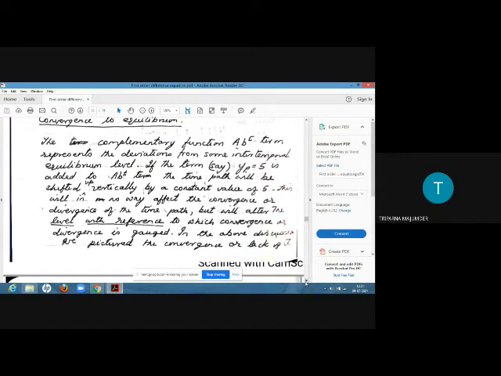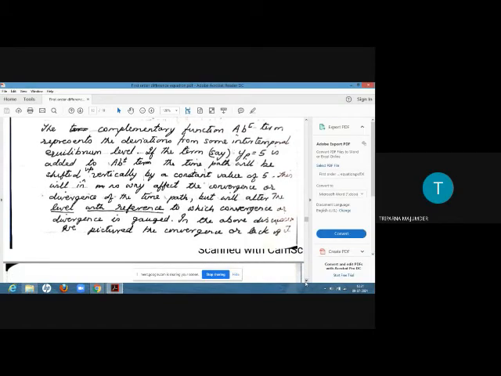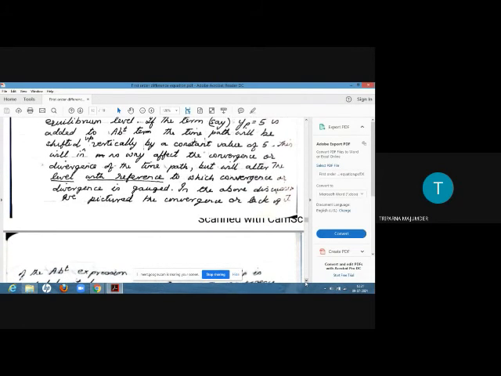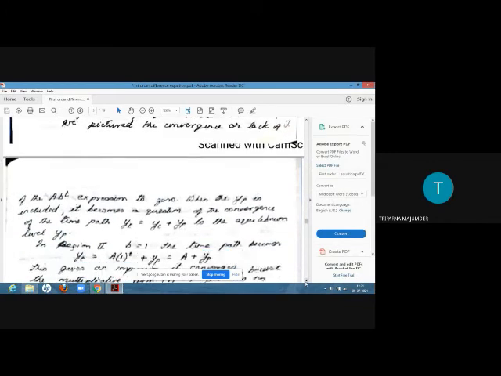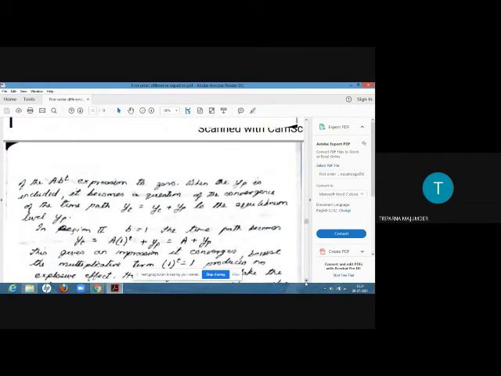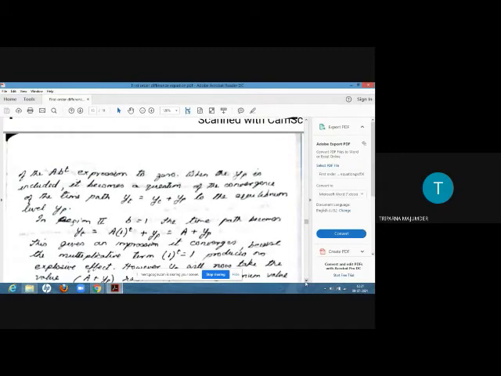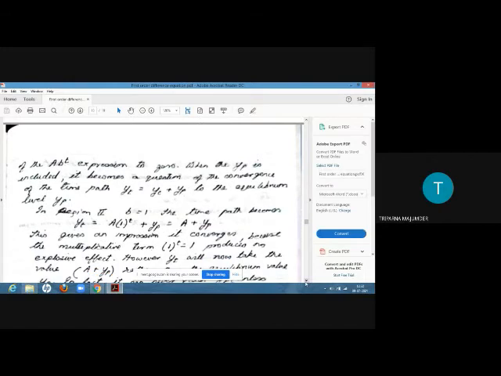In the above discussion, we pictured convergence or lack of it of the AB to the power t expression to 0. When yp is included, it becomes a question of the convergence of the time path yt equal to yc plus yp to the equilibrium level yp.